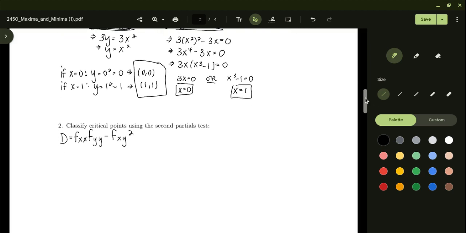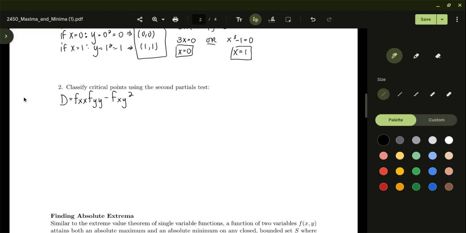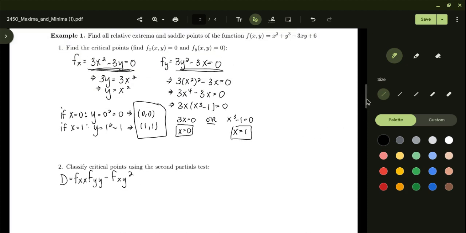I have copied on our next step the formula for the discriminant. First we need to find all of these second order partial derivatives. When I find f sub x x, I'm going to take the partial derivative with respect to x of f sub x, which we had was 3x squared minus 3y, and we get 6x.